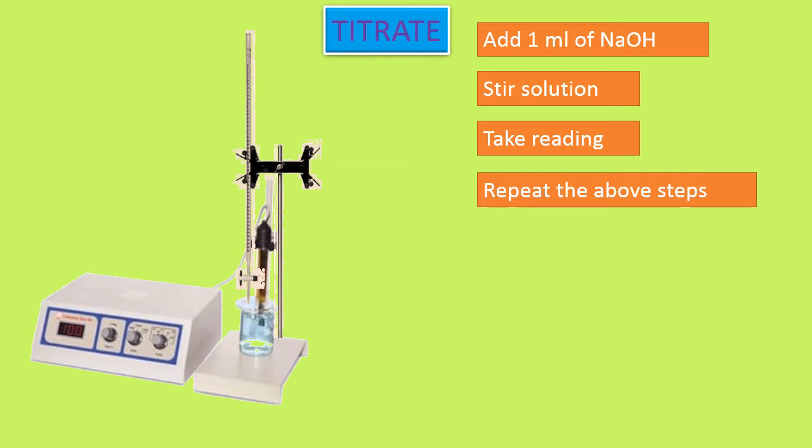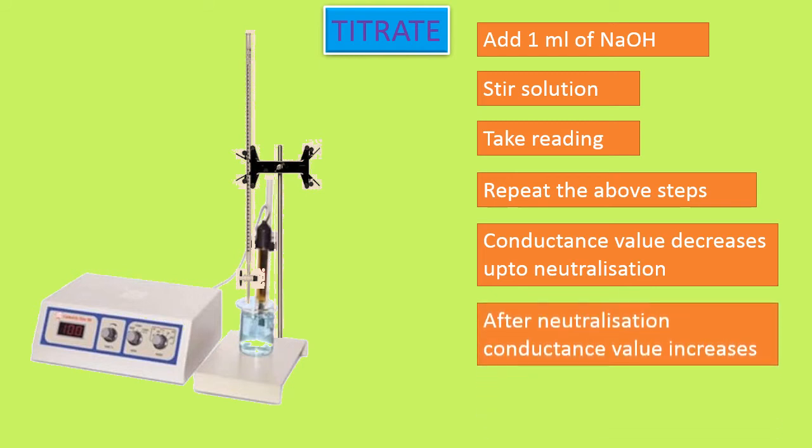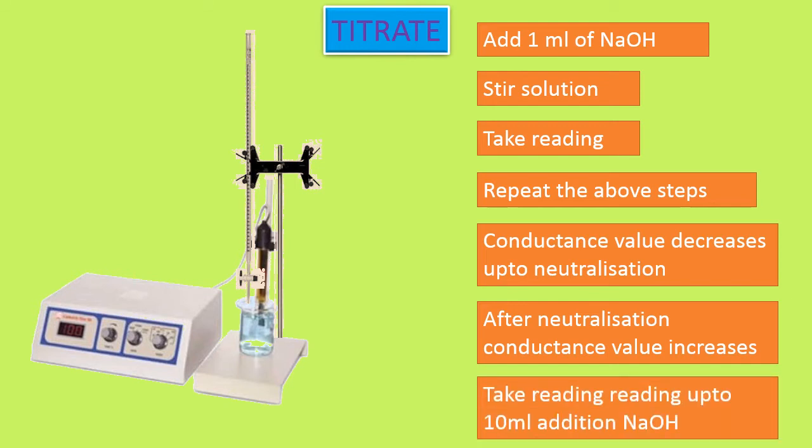Even after getting the endpoint, since it is a graphical experiment, we have to continue the titrations. The conductance value initially decreases up to the neutralization point. Until the HCl acid gets neutralized, the conductance keeps decreasing. Once it is neutralized, the conductance values start increasing because of the addition of NaOH solution to the beaker. Students, take readings up to 10 ml of addition of NaOH.